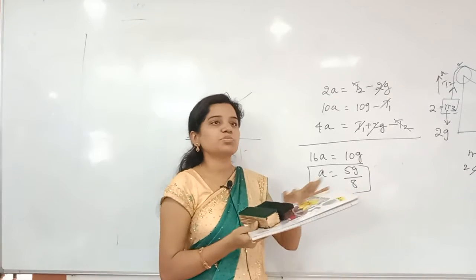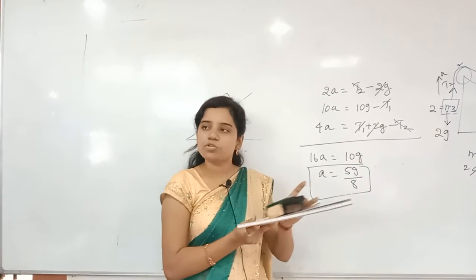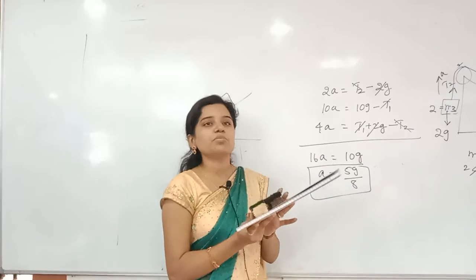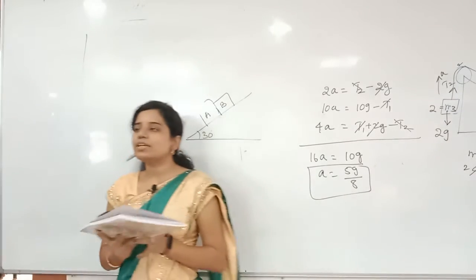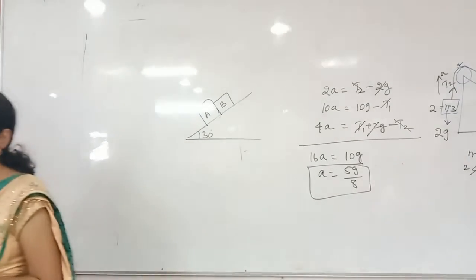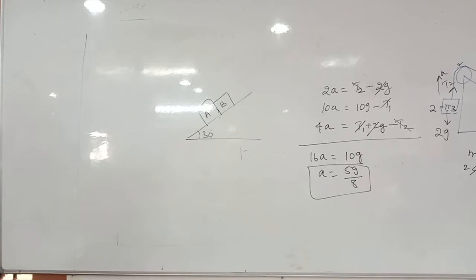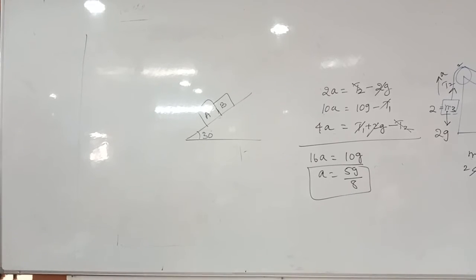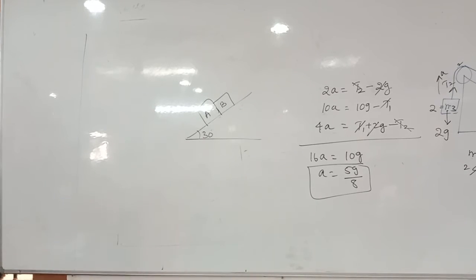Whenever it is perfectly smooth, both will move together, so they will not leave the contact between them. Both moving together means they move as a single mass. How much is the total mass? 8.